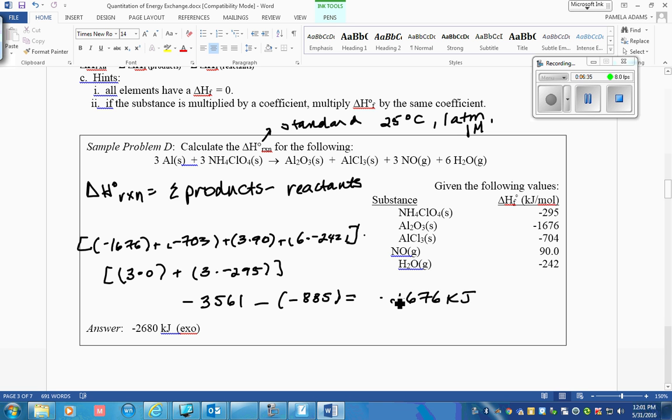And we rounded that up to 2680 to follow our sig fig rules. That means that when this reaction runs, 2680 kilojoules is released from the system to the surroundings.